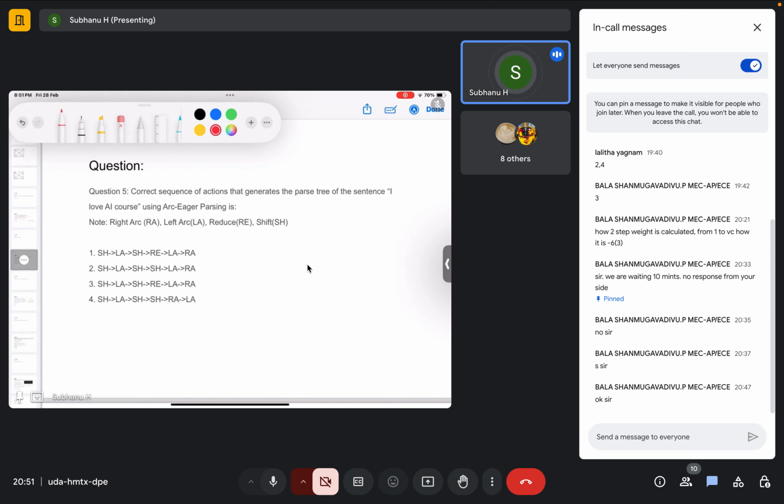So the next question is also the same. I am showing you the next question: the correct sequence of actions that generates the parse tree of the sentence "I love AI course" using the arc-eager parsing algorithm.